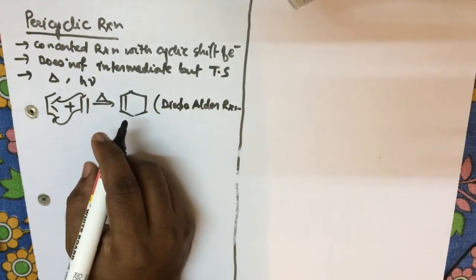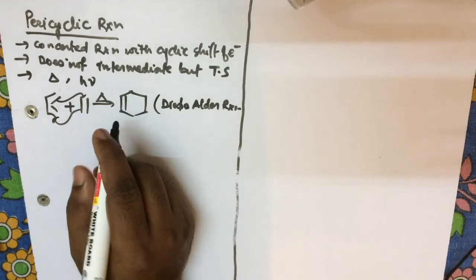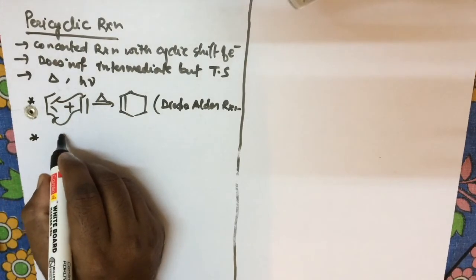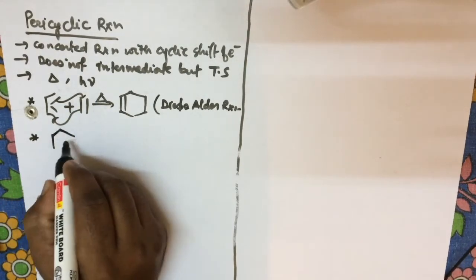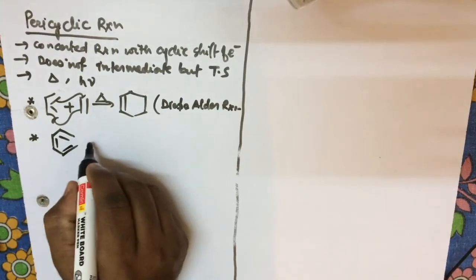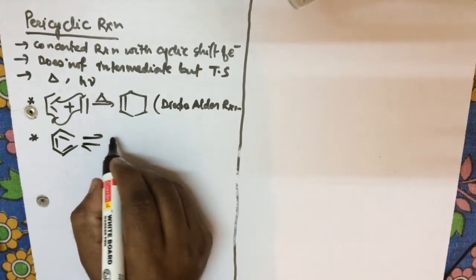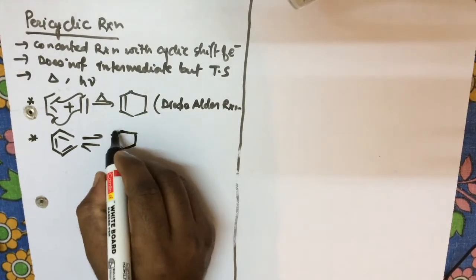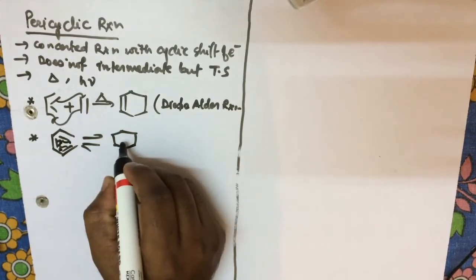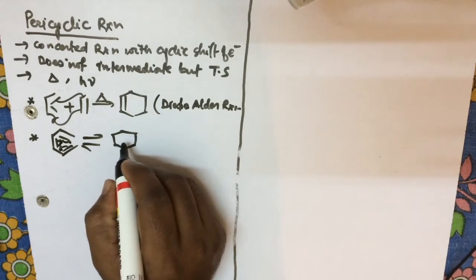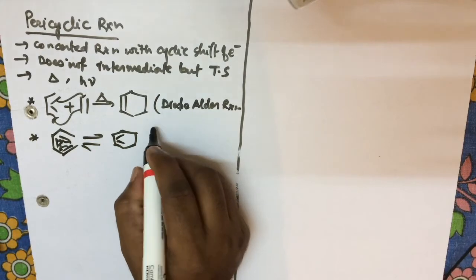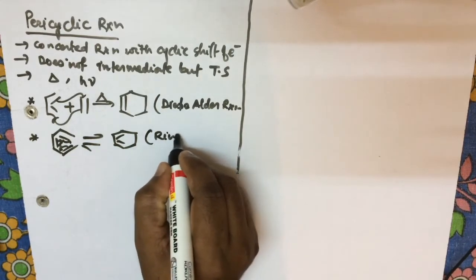If you see this another example, this is basically a ring closure. Like this, ring closure.